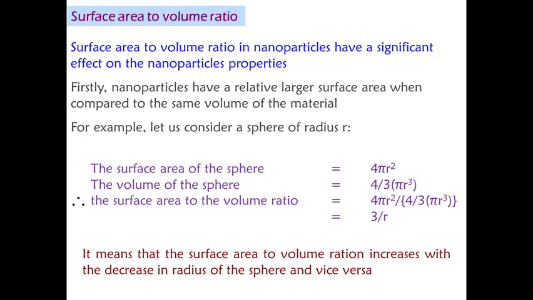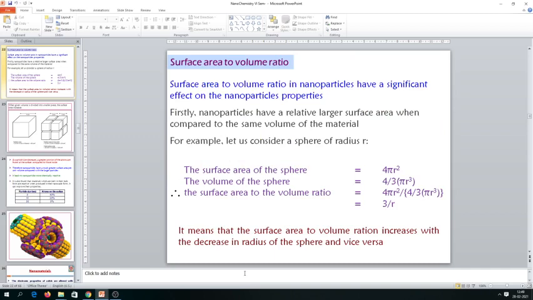So tremendous increase in surface area can be observed when we go to nano-sized particle. It means that the surface area to volume ratio increases with the decrease in radius of the sphere and vice versa. Okay, so this equation will give you an idea about how the surface area increases with the decrease of size of the material.